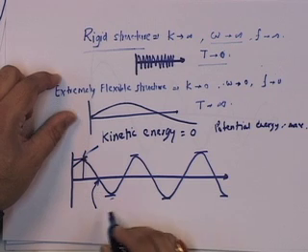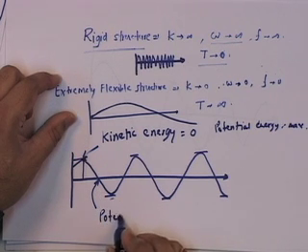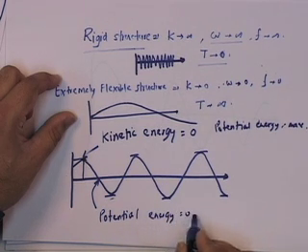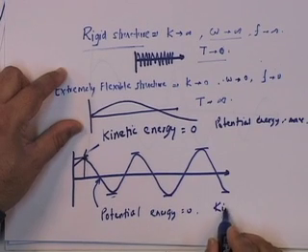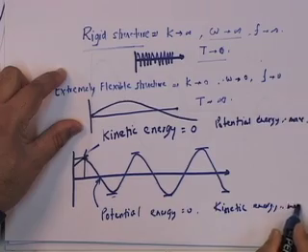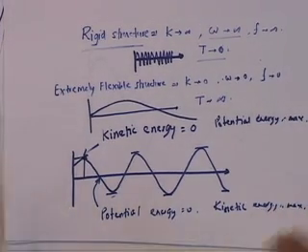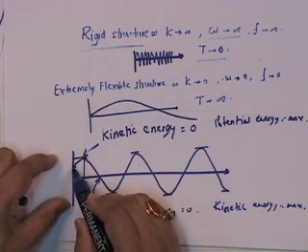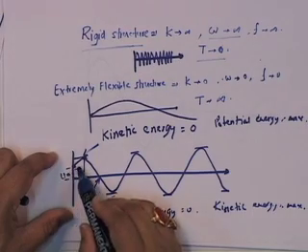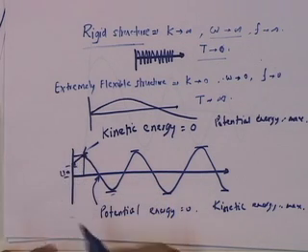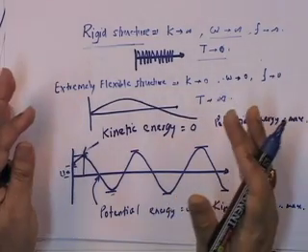At this point, potential energy is equal to 0, kinetic energy is maximum, and so what you have is a constant energy which is given by the initial displacement and initial velocity, and this then becomes the energy that is supplied into the system.